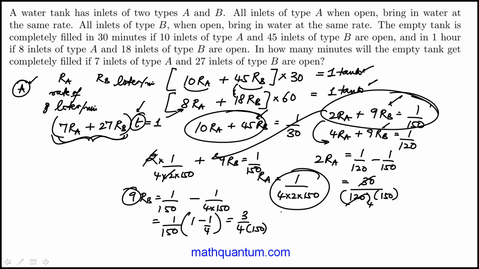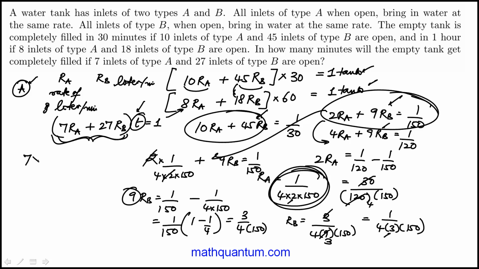And then I also have a 9 here, so that goes in the denominator. And maybe I'll reduce it a little bit. 4 times 3 times 150. Whereas R sub A is that. So the difference is that 2 here versus 3.